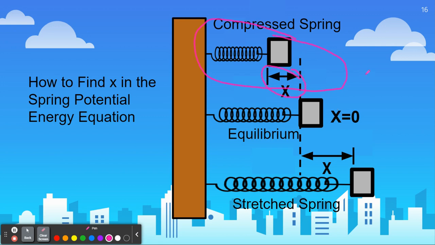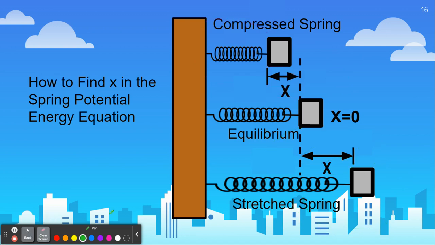It's the difference between where it was when you weren't touching it and where it is now when you've pushed it to make it smaller. Or you could pull it from equilibrium and make it stretch this much. And then x is going to be how far you pulled it to make it stretch.